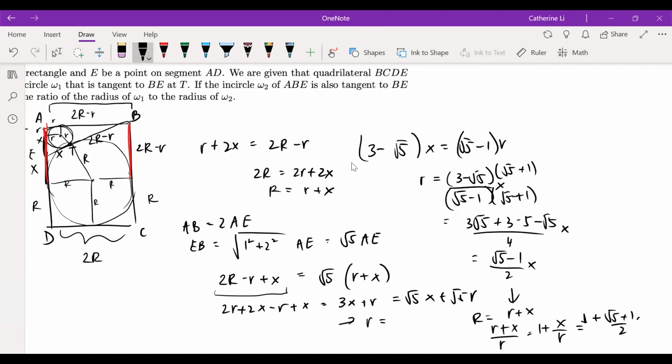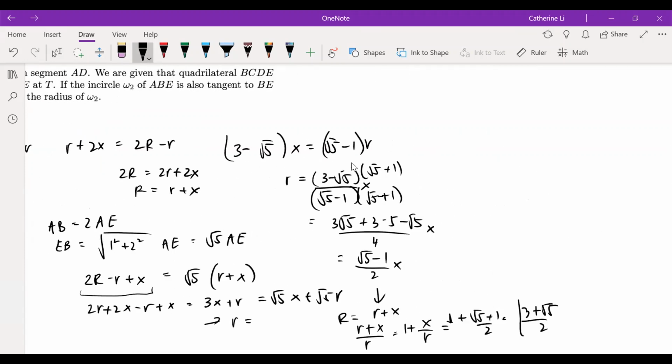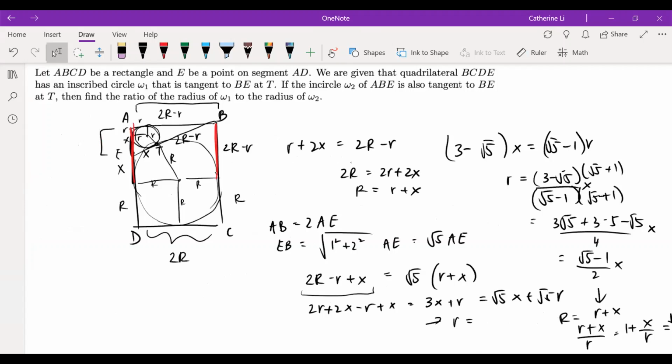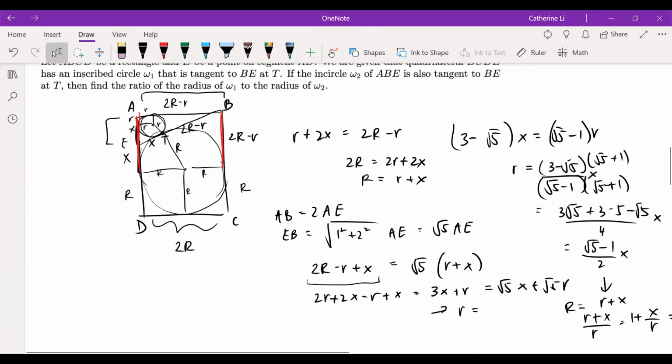So that is 3 plus root 5 over 2. Okay, cool. Yeah, hopefully that was clear. And we will go on to the next question.